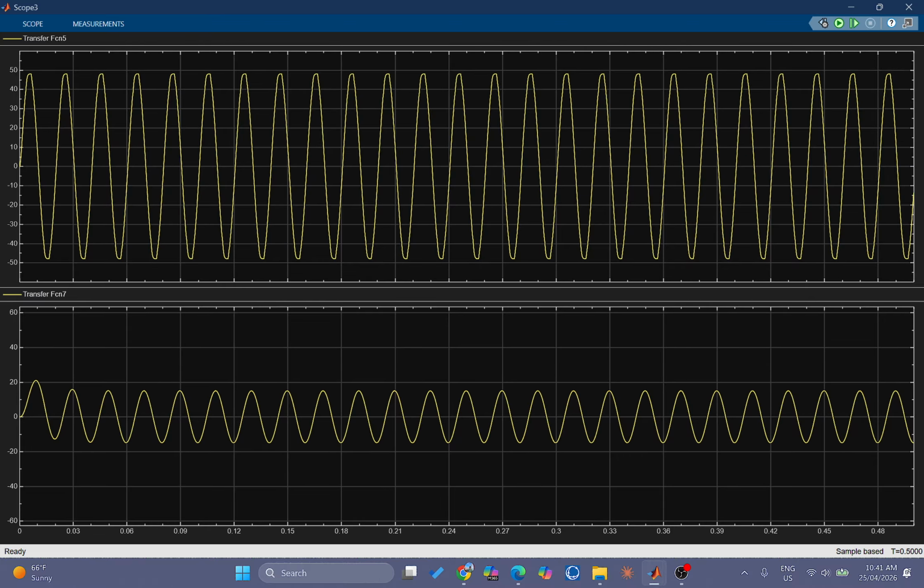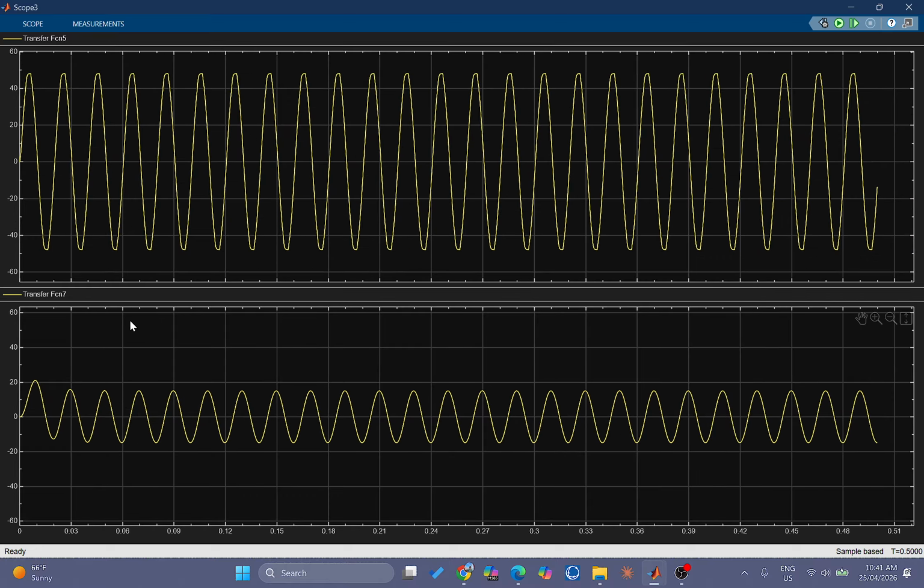The filtered voltage is close to sinusoidal. It is showing a good sinusoidal wave. It is more smooth, and the observed peak value is approximately 48 to 50 volt, which agrees with the theoretical calculation that gave us a 50 volt peak.